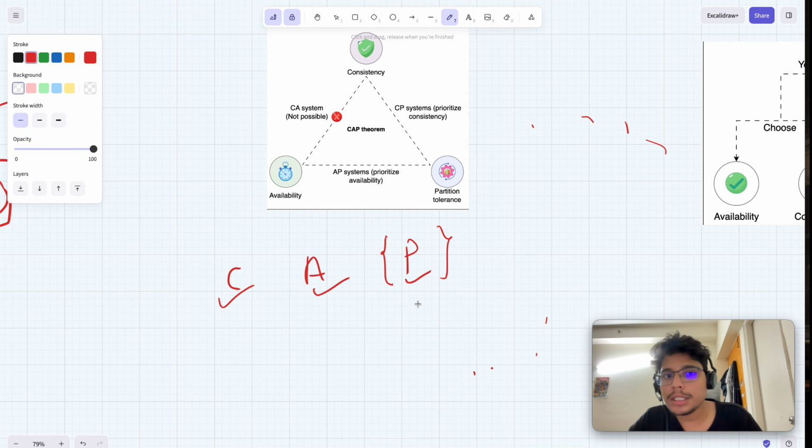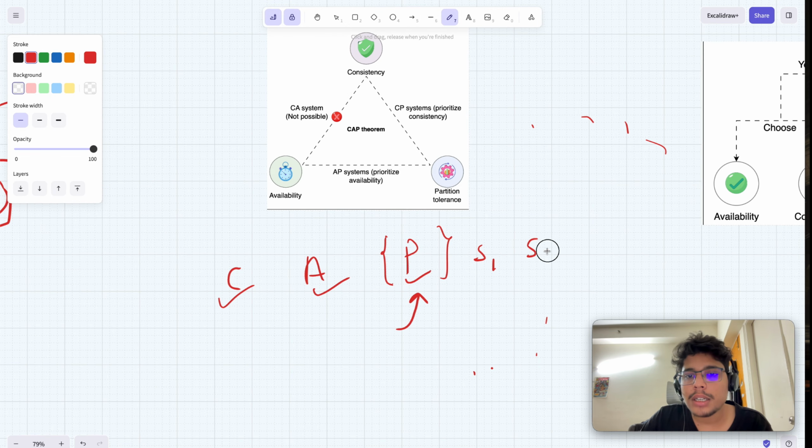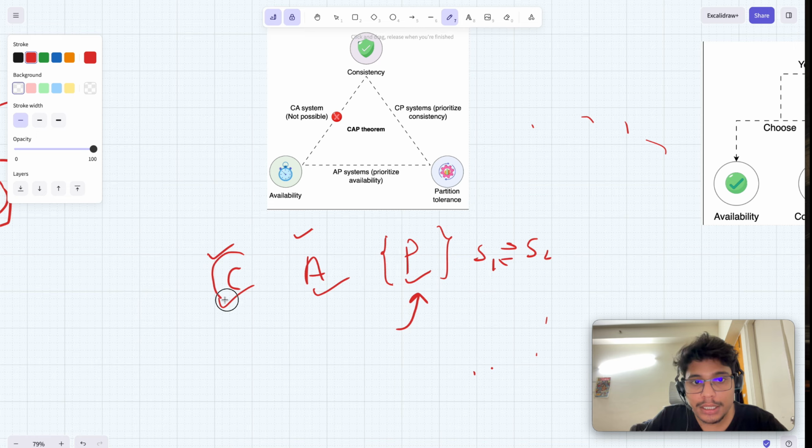The CAP theorem says that in the condition of a partition, in which server 1 and server 2 are not connected properly and there is some kind of network glitch between them, we have to choose either consistency or availability.